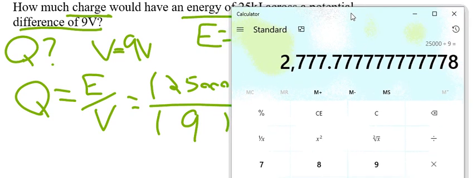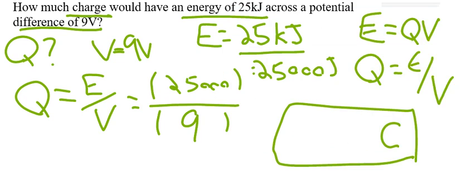Generally, we can round off to just a single decimal point, especially if it means we have, as in this case, 5 significant digits. It's 2,777.8, so we can actually just round it off to the nearest coulomb here, 2,778 coulombs. And that's our final answer.